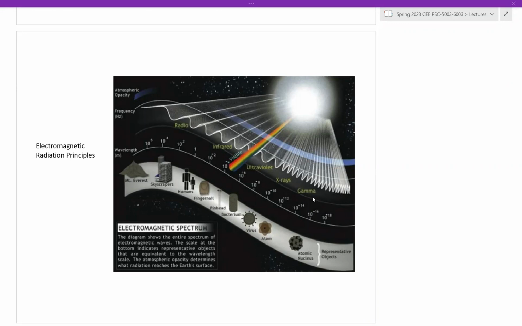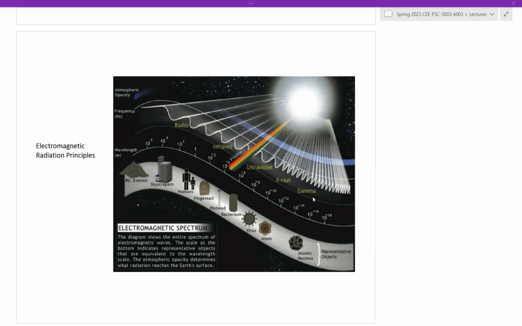But what I want to make sure of here is that all light coming from the sun is quite diverse, from extremely or highly energetic photons to lower energetic photons.